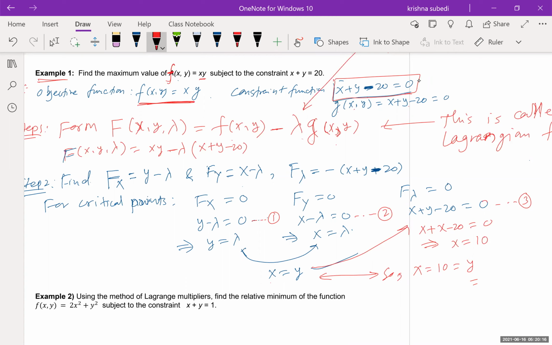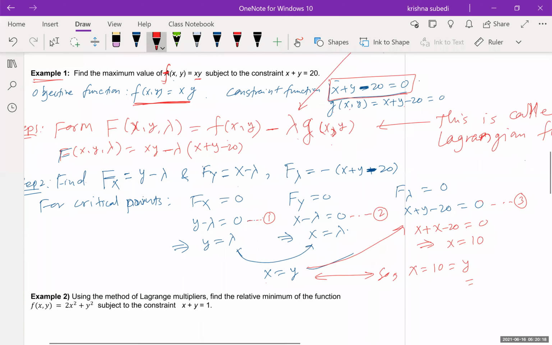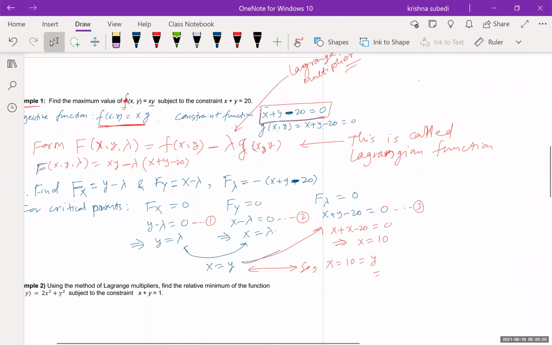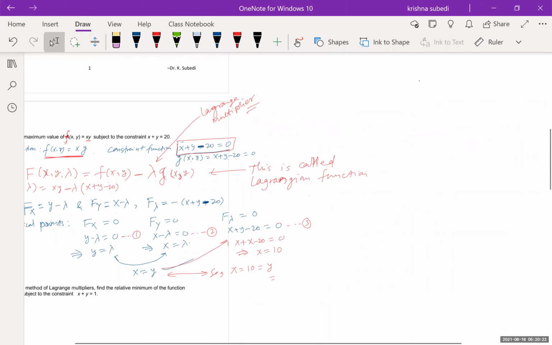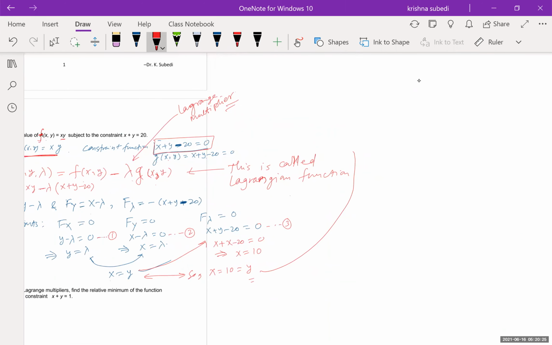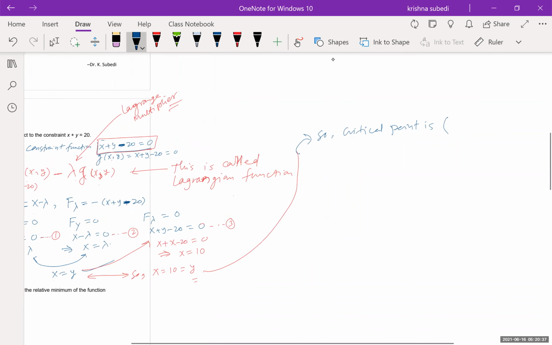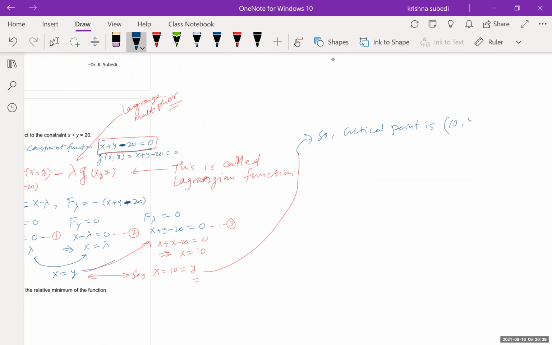So the critical point is (10, 10). X is 10, y is 10. So the critical point is 10 and 10.